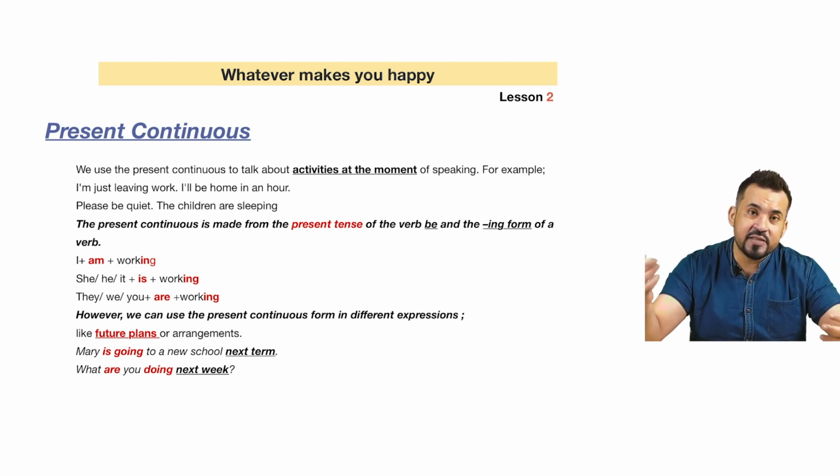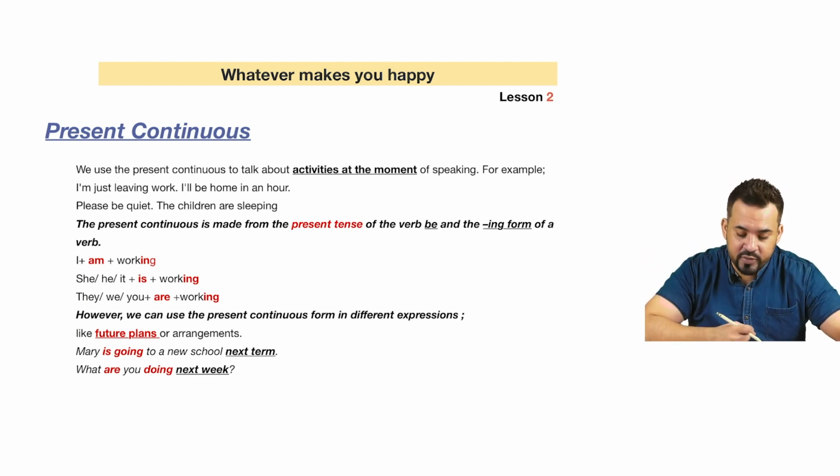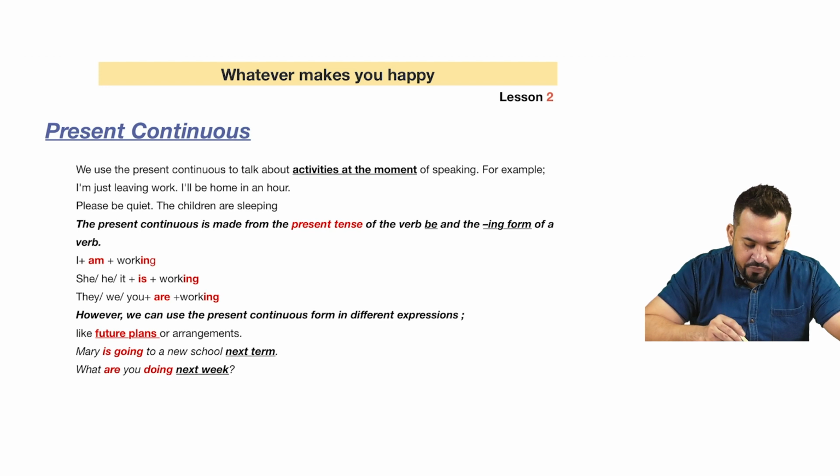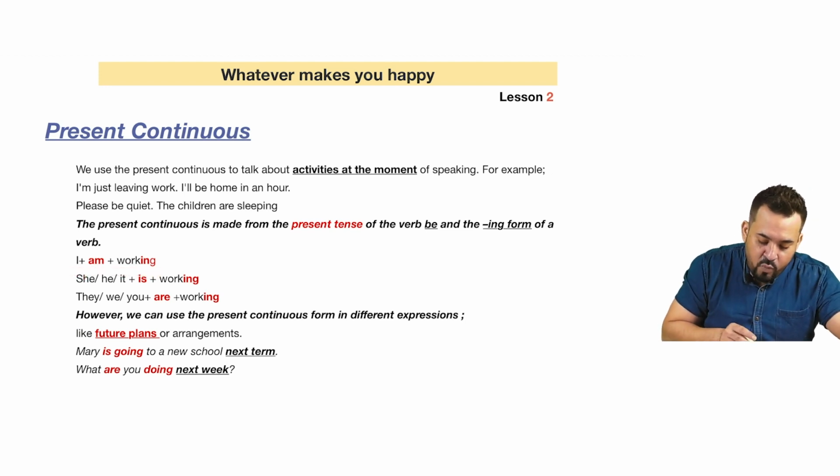If it's in the past, then it will form the past continuous, which we will talk about later on in this course. So the construction of the sentence will be the subject plus verb to be plus the verb plus ing. I am working, he is working, they are working.